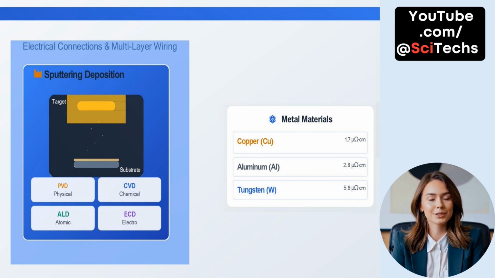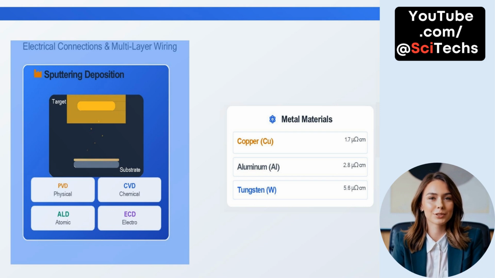In addition to PVD, there are other deposition techniques such as chemical vapor deposition, CVD, which uses gas phase reactions, atomic layer deposition, ALD, known for its precision at the atomic scale, and electrochemical deposition, ECD, which involves metal plating using electric current.